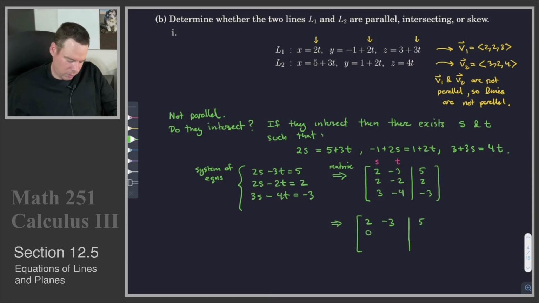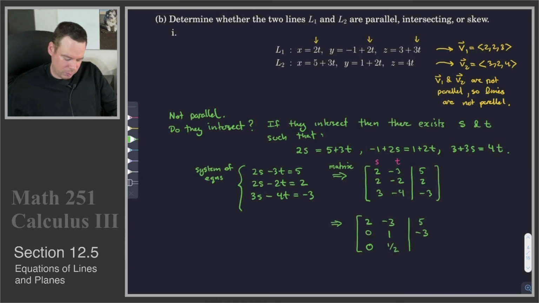Negative 3 is 3, plus negative 2 is 1. Negative 5 plus 2 is negative 3. And I will also take negative 3 halves times the first row and add it to the third row to get a 0 there. Negative 3 halves times negative 3, that's 9 halves. 9 halves minus 4, or 9 halves minus 8 halves, is 1 half.